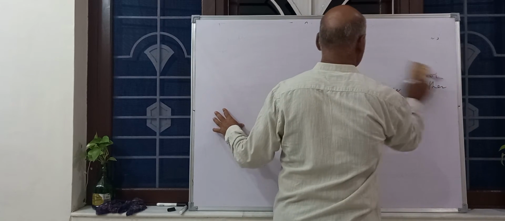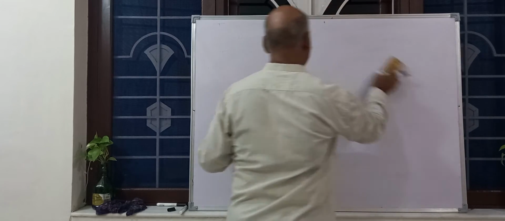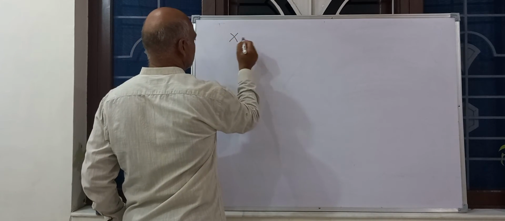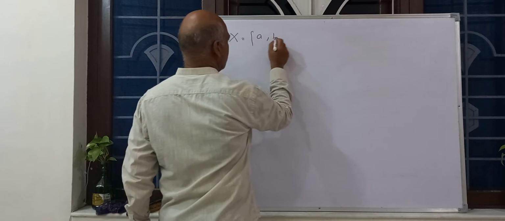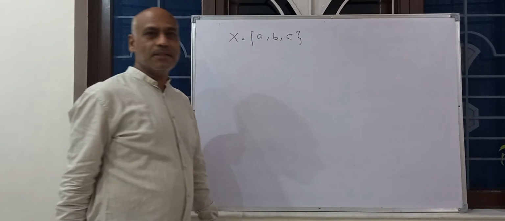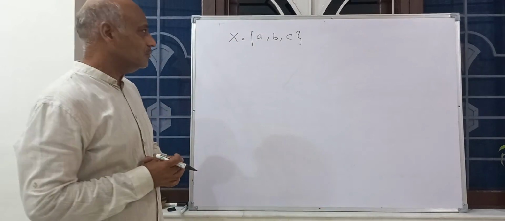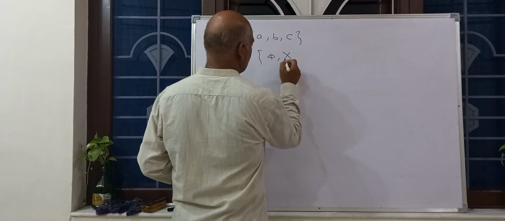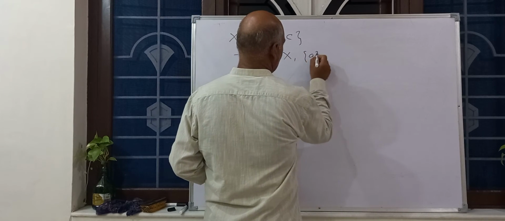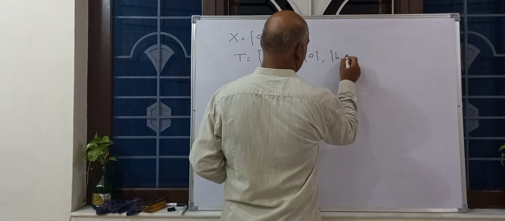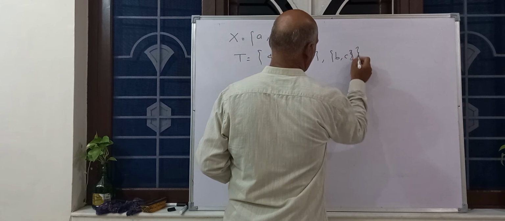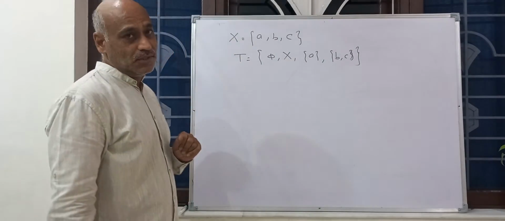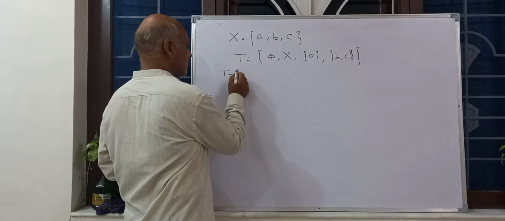Suppose we take some examples. X is suppose A, B, C. Now we take T equal to phi, X, A, B, C. So what are T open sets?